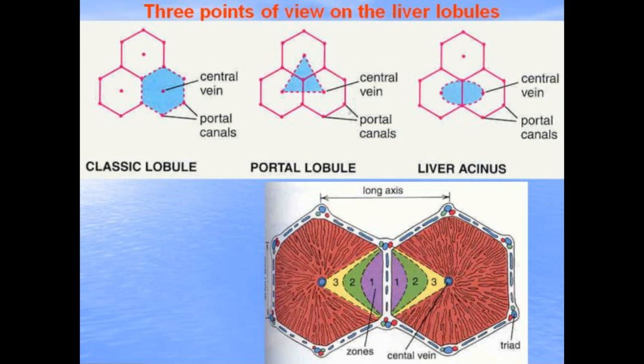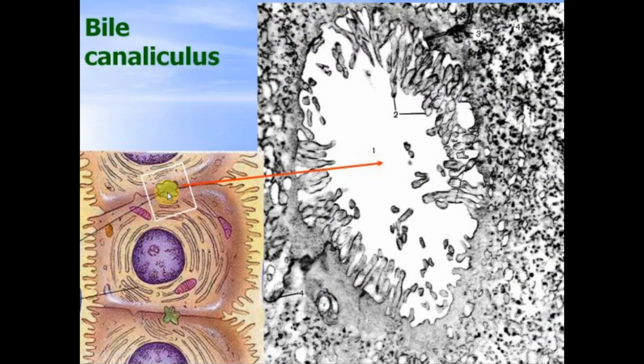This is a bile canaliculus between two neighboring hepatocytes in the liver trabecula. So the bile canaliculus has no wall of its own.